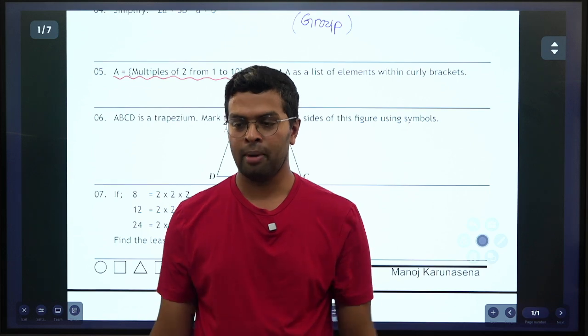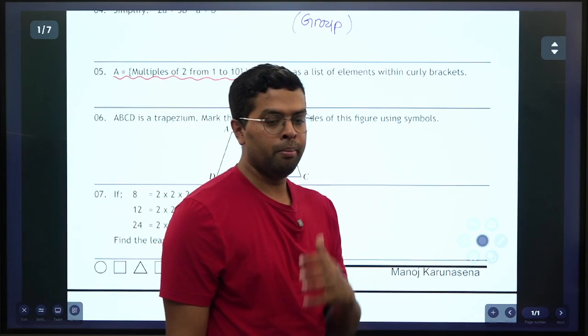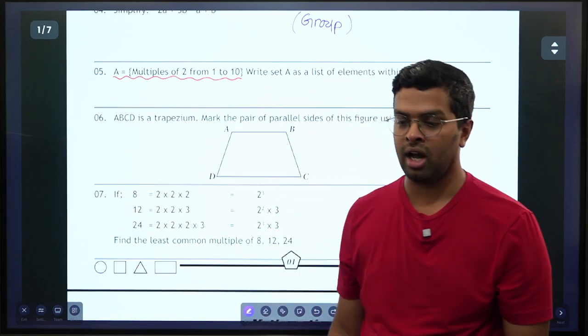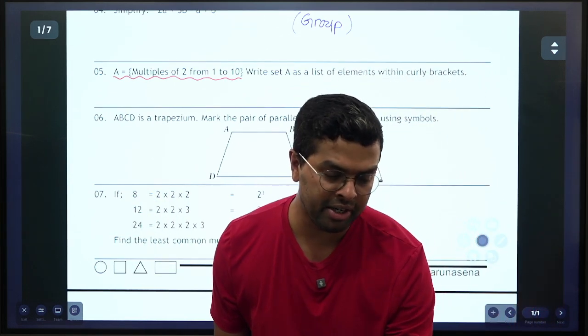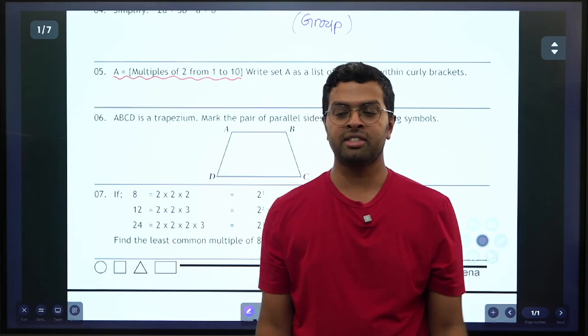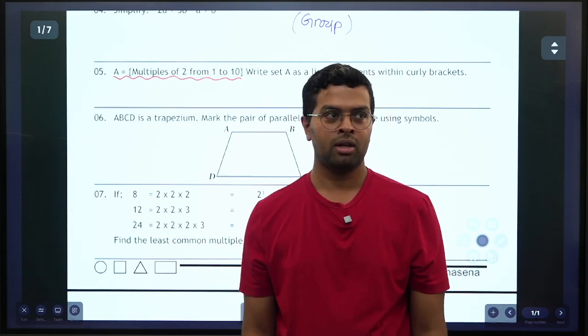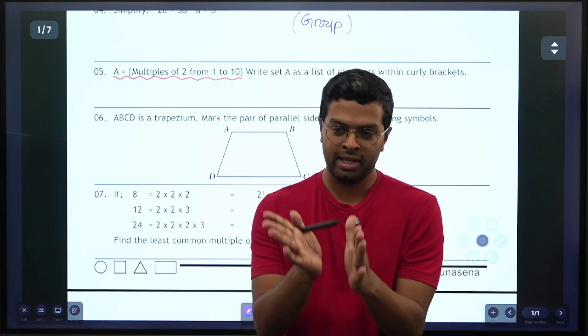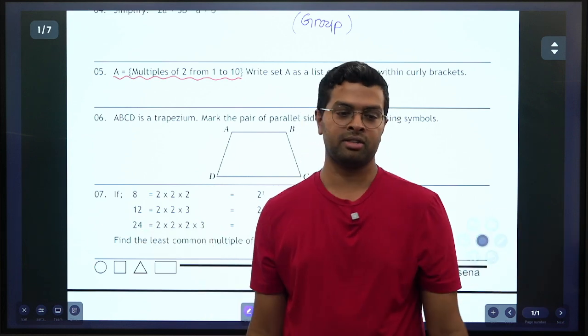Now for an example, if I say boys in grade 7 class, so what do you think? Can we clearly identify boys in grade 7 class? Is there anyone who is having doubt about it? No, right? We can clearly identify who are the boys in grade 7 class.